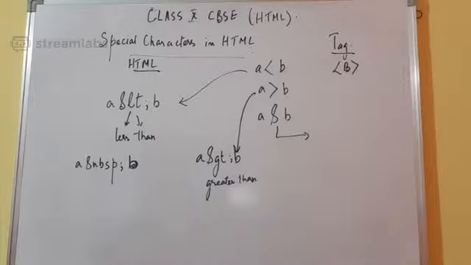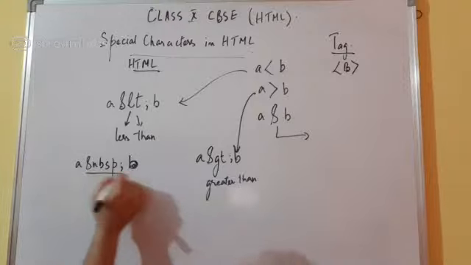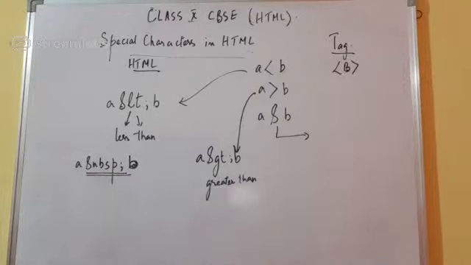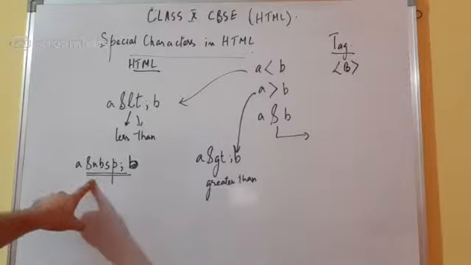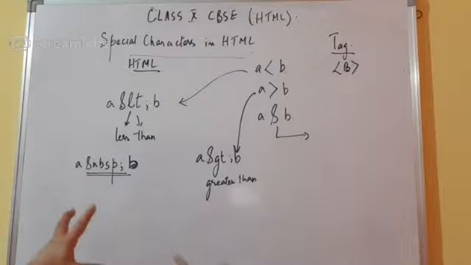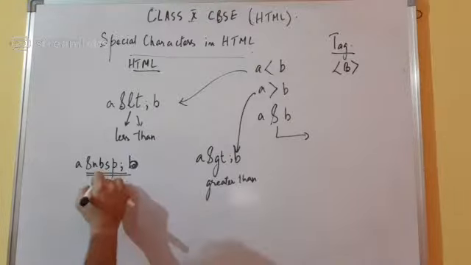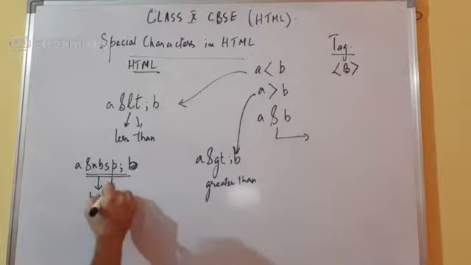This is an alternative to the tag. It creates a uniform amount of space between a and b, a horizontal space. So this was for creating a horizontal space.